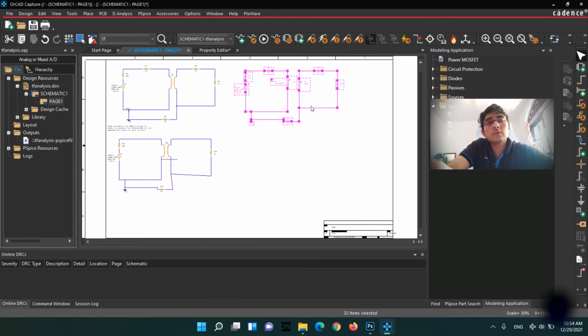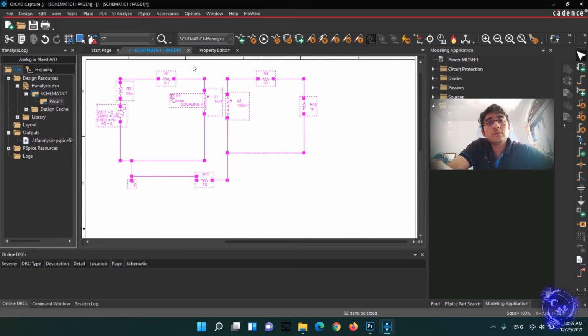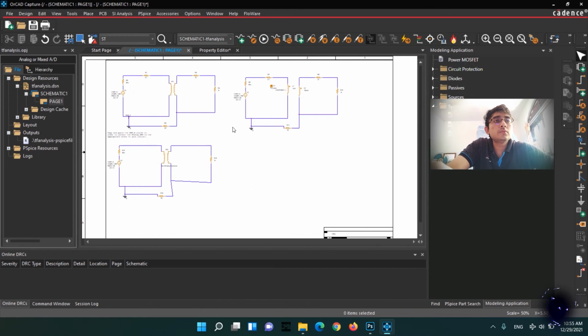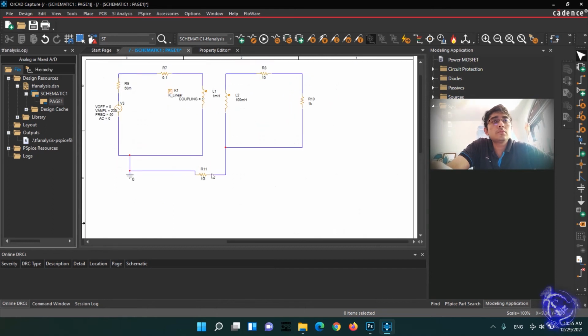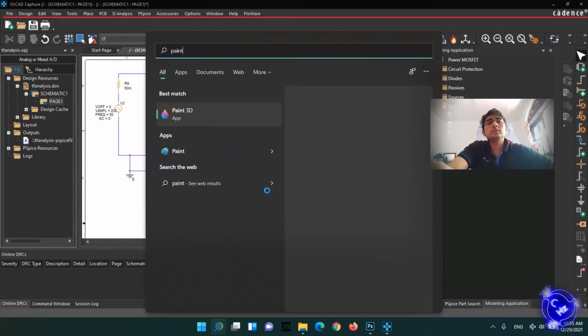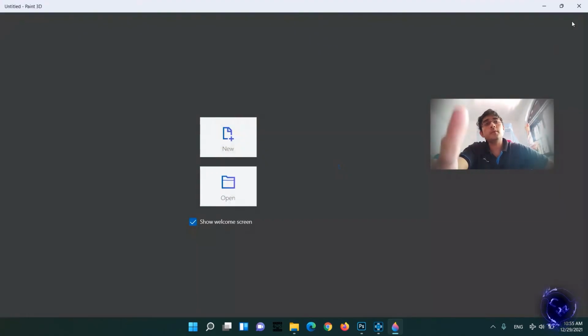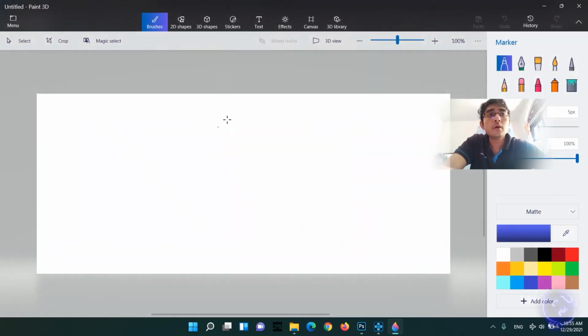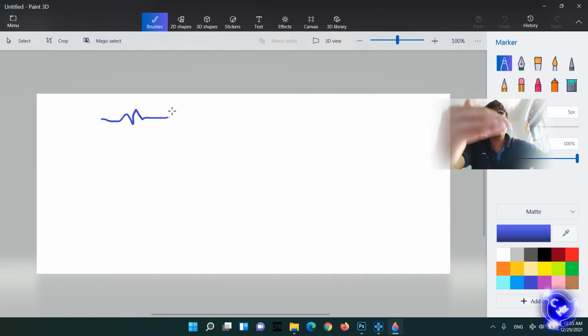and now I would like to draw the equivalent circuit for this one, the refer to primary equivalent circuit. How to do it? As you know, when I refer my secondary to primary, I have to do some impedance transformation, right?